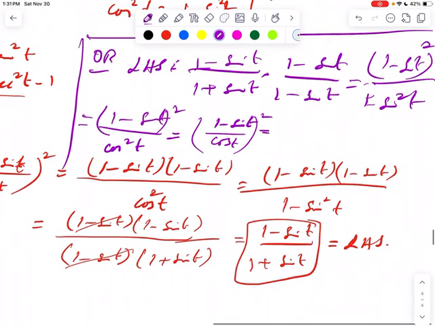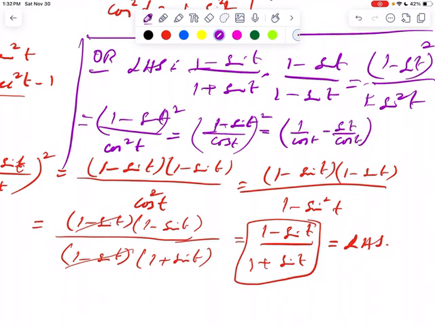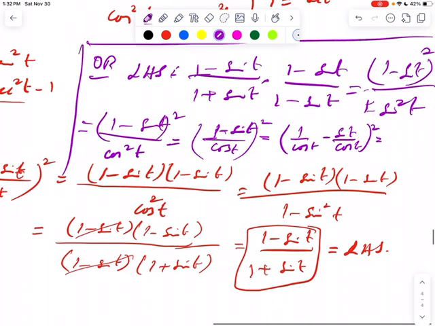And now if you divide both on the top by cosine t, we get 1 over cosine t minus sine t over cosine t whole squared. But the first one is secant of t and the second is tangent of t.